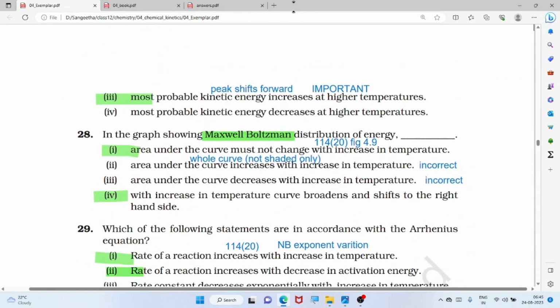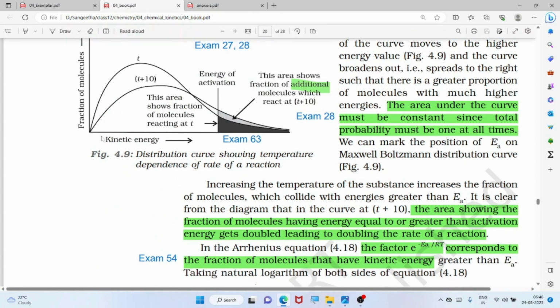The kinetic energy increases at the higher temperature. See, this is the kinetic energy, this is the higher temperature, so this energy increases. This peak is here, more energy here, this peak is here, less energy.